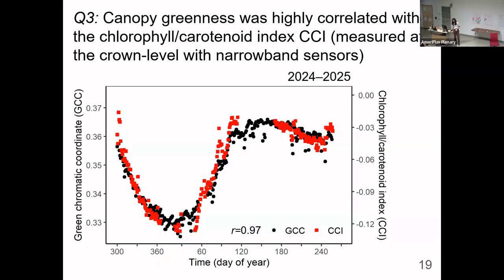This high level of correlation sort of reinforces this idea that changes in canopy greenness are associated with changes in photosynthetic pigments. And also, it suggests that we can use indices like CCI, which were originally developed to be calculated from MODIS data, to scale up canopy phenology across the broader landscape.